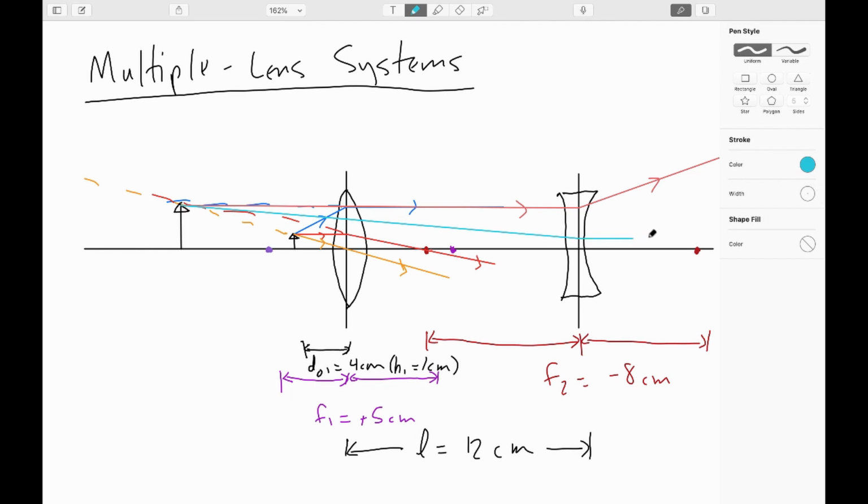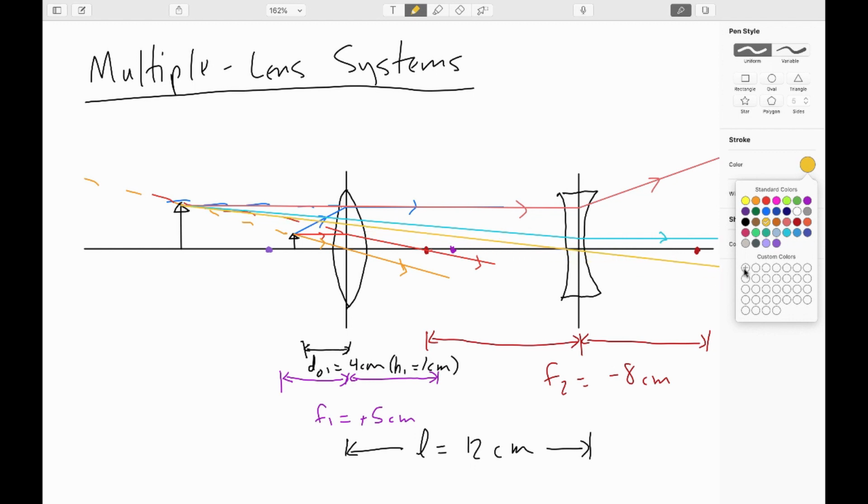And that ray will go out parallel. And then finally, our truest, bestest friend is the central ray. So I'll go with as close as I can do to a toned down orange. And that's just going to shoot through undeflected.